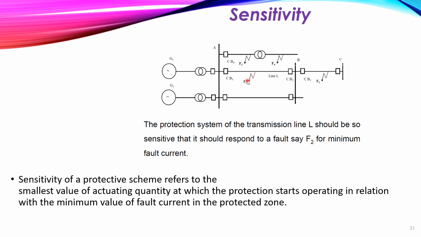So if a fault occurred here, the relays should be very sensitive to the value of current considered a short circuit or fault current from their perspective. For the smallest value of the short circuit, the relay should be sensitive to it and trip the two circuit breakers. So sensitivity means that the protection system should be sensitive to the fault occurrence.